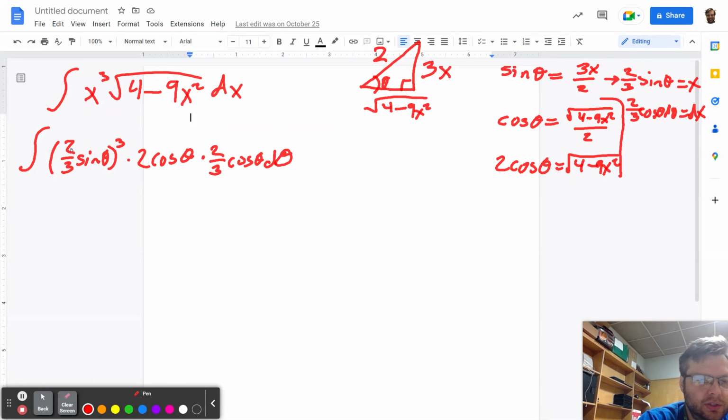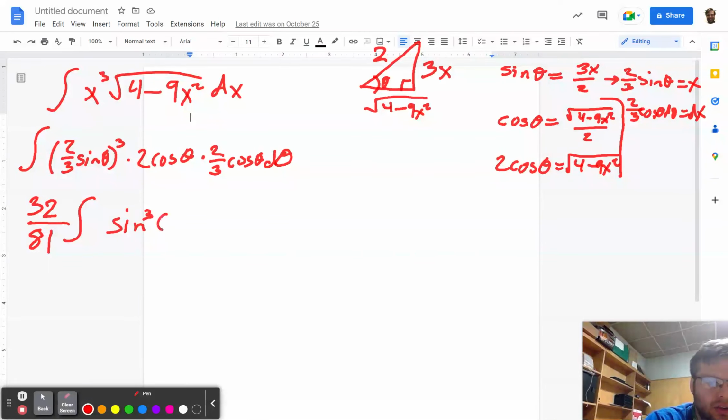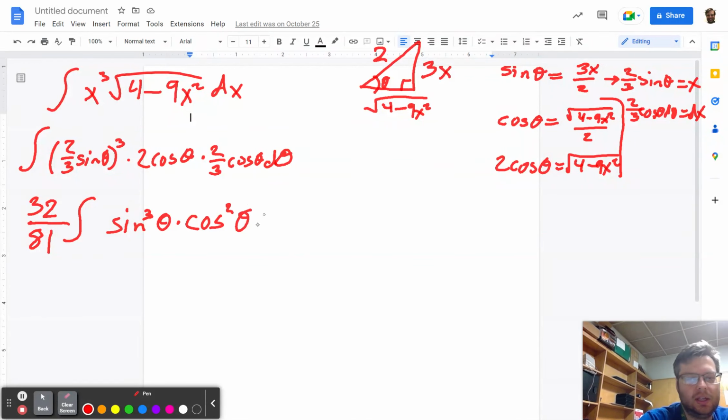I've got 2 to the 3rd power, to the 4th power, to the 5th power, so that makes 32. On the bottom, I have 3 to the 3rd power and another 3, so that makes 81. Now on the inside of the integral, I have sine to the 3rd theta times cosine squared theta d theta.